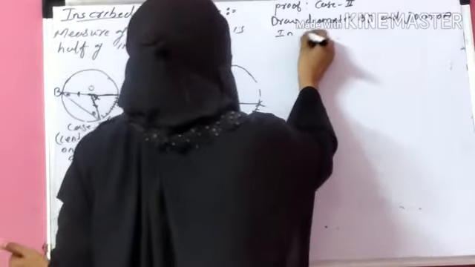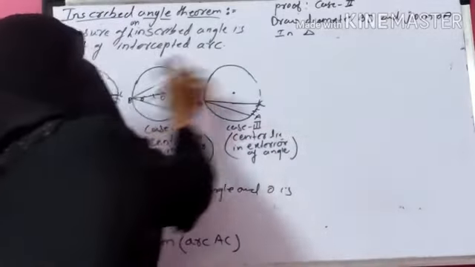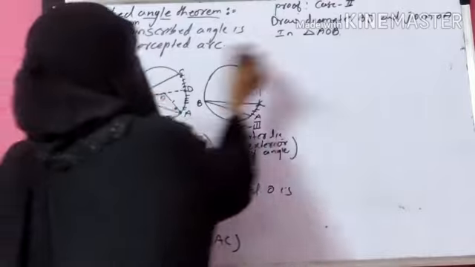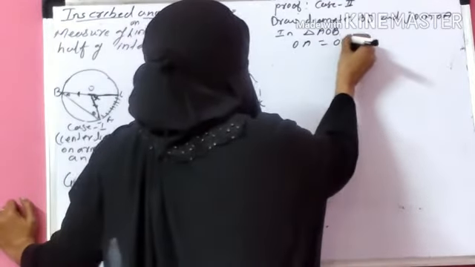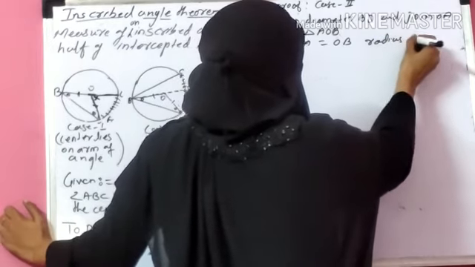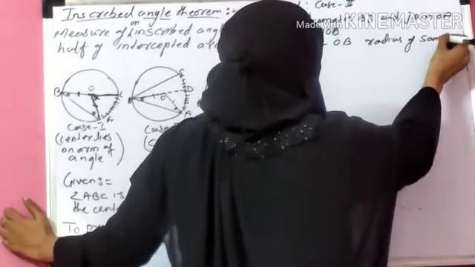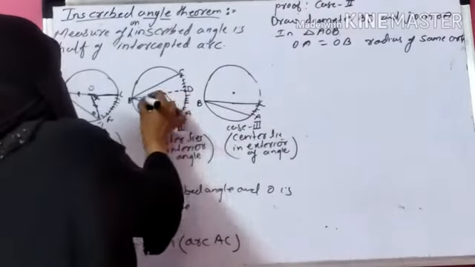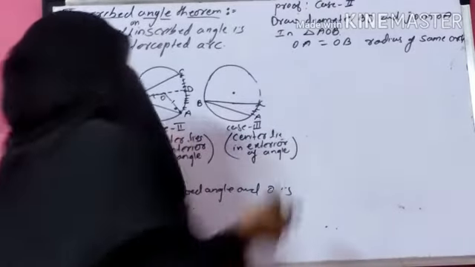Now in triangle AOB, OA is equal to OB, radius of the same circle. If two sides are equal, then the angles opposite the congruent sides are also congruent.